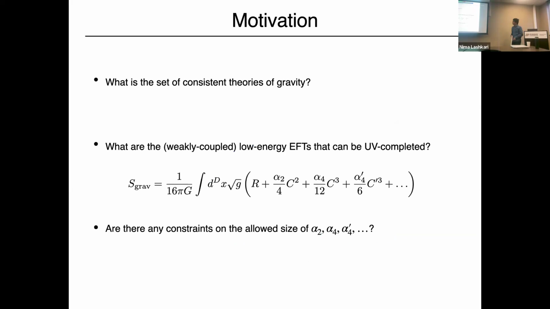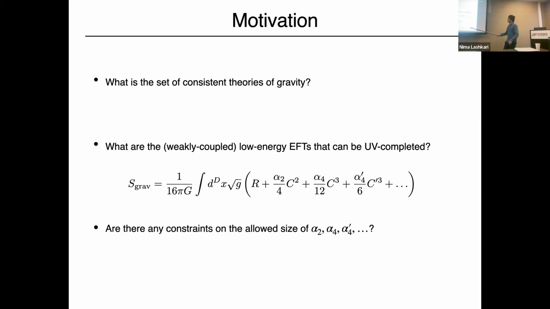So the motivation of this work is to understand this general question of what is the set of consistent theories of gravity, and perhaps a more concrete version of this question is what's the space of weakly coupled low energy theories of gravity that have a UV completion. So we know that at low energy, gravity is described by Einstein gravity, and we also know by EFT logic that there should be higher derivative terms.